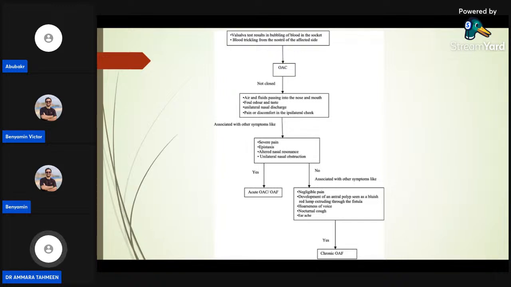So then and there itself we can make out that there is a communication. That is one of the identification procedures. If you suspect there is a maxillary oroantral communication, there are other tests, which I will explain later.